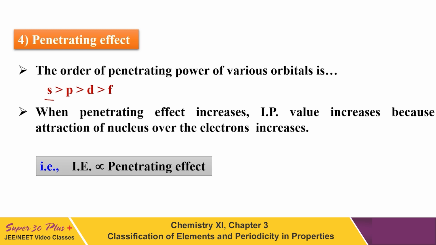And technically we say that the penetration power of the s subshell is maximum. So it is the most difficult to remove an electron from the s subshell rather than the p, d or f subshell of the same orbital. And technically we say that with the increase in penetration power, IP increases.